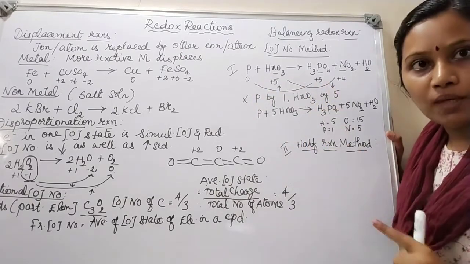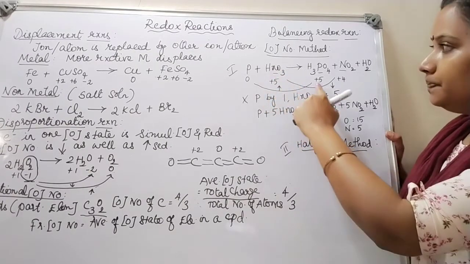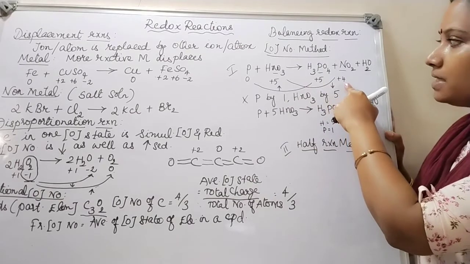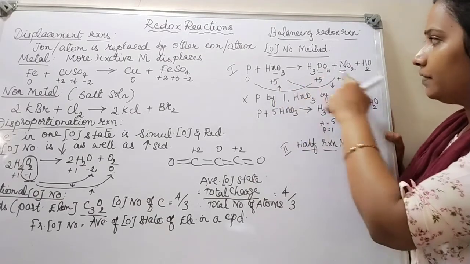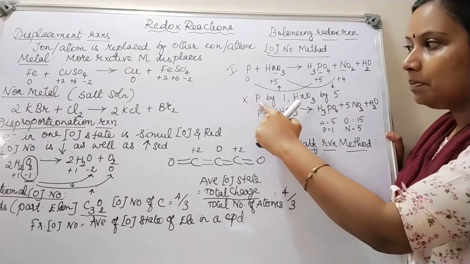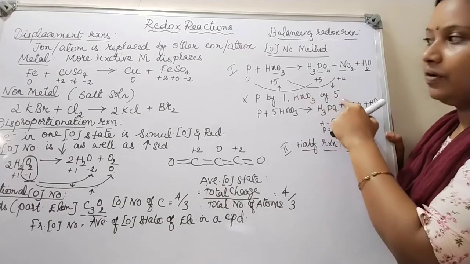And what happens to nitrogen? Nitrogen is reduced from plus 5 to plus 4. So what I am going to do now, I am going to multiply phosphorus with 1 and nitric acid by 5.